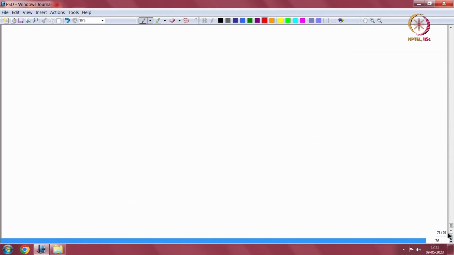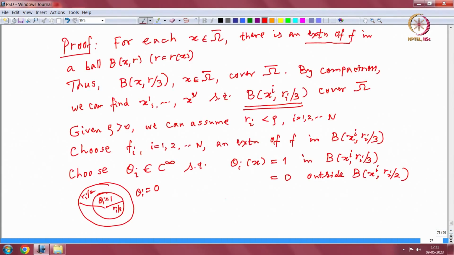Another very important thing: the support of theta i. We are so used to these test functions that sometimes we forget to state all the properties.